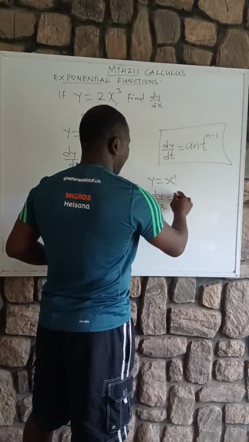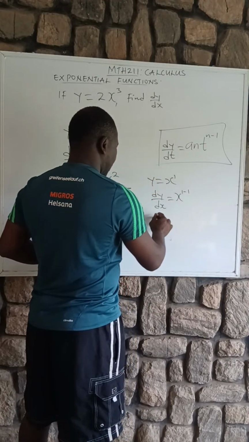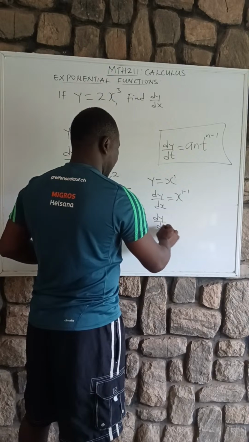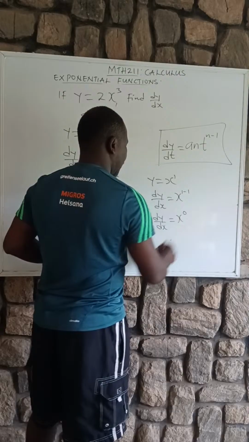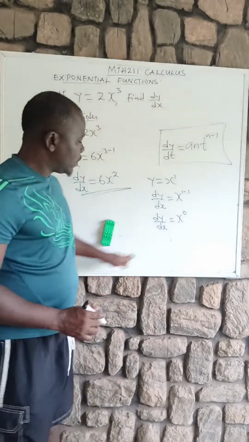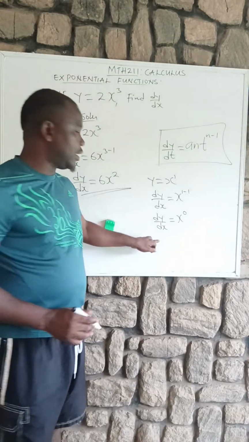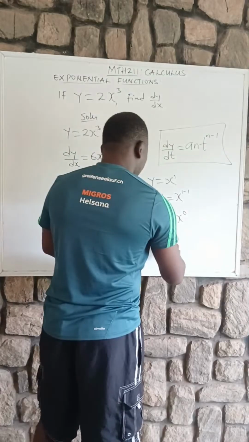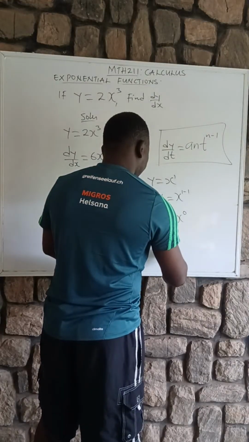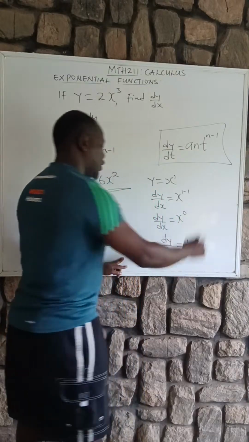So we have x raised to the power of 1 minus 1, then dy over dx is equal to x raised to the power of what? 0. In mathematics, most especially in indices, anything raised to the power 0 is 1. So whenever you differentiate x, it's going to give you 1.